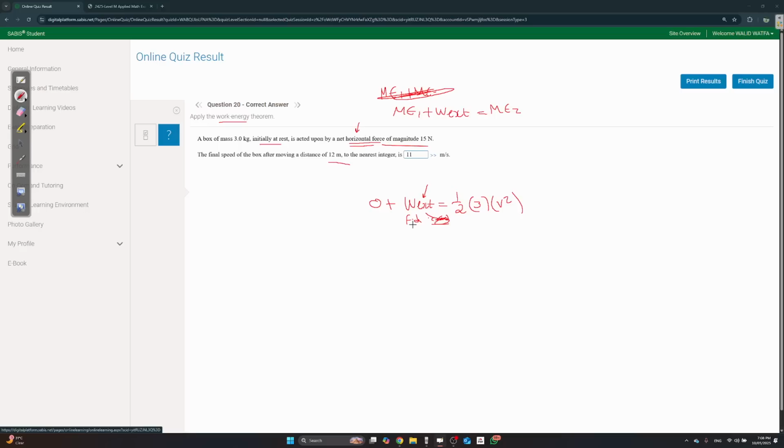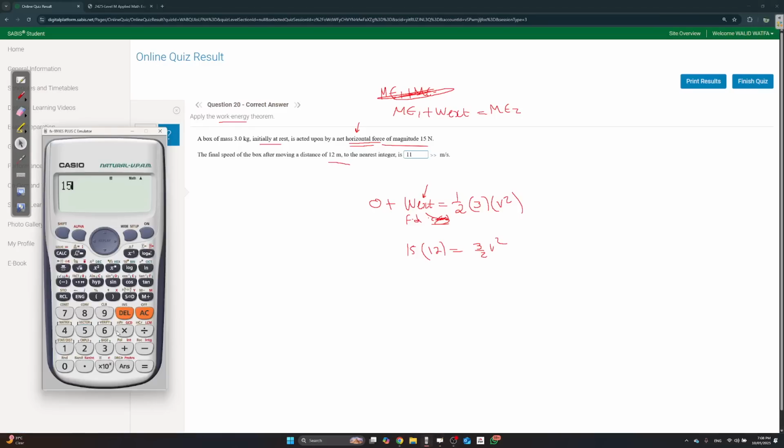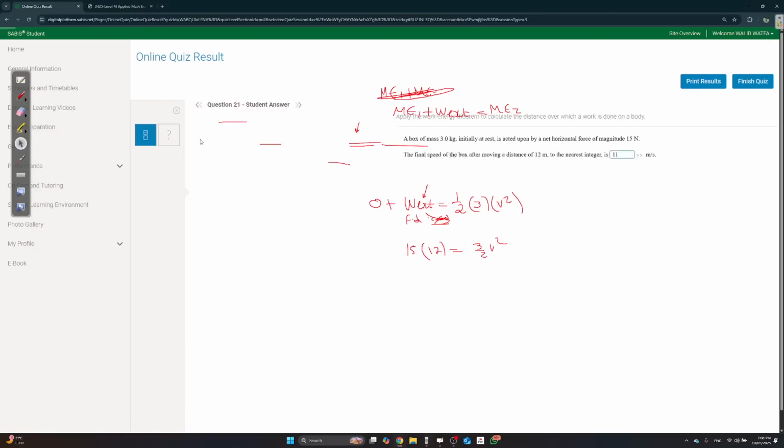So force times distance, 15 times 12 equals 3 over 2 v squared. You can just do this on a calculator. After dividing by 3 over 2 you get 120. If you square root this, you get approximately 10.95. So to the nearest integer, it's 11 meters per second.